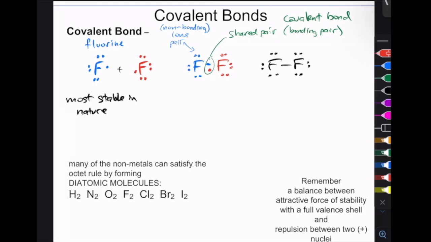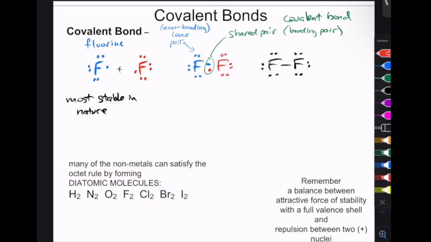By sharing those 2 electrons, each fluorine thinks that it is surrounded now, associated with 8 valence electrons. Therefore, it's the most stable, right? And we're going to be using that as a check to make sure that as we follow every step in the Lewis structure model building, we have complete octets for everybody.